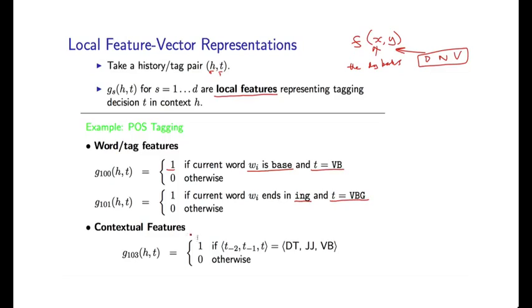We can also have contextual features which look at the tag being proposed and the previous 2 tags in the history. Here's a feature which is 1 if the trigram of tags, the previous 2 and the tag being proposed, are the sequence determiner, adjective, verb, and so on. As we saw in the lecture on log-linear models, one great thing about these kinds of feature vector definitions is that you can ask essentially any question about the history in conjunction with the tag being proposed that might be useful in disambiguating the tag at the current position.